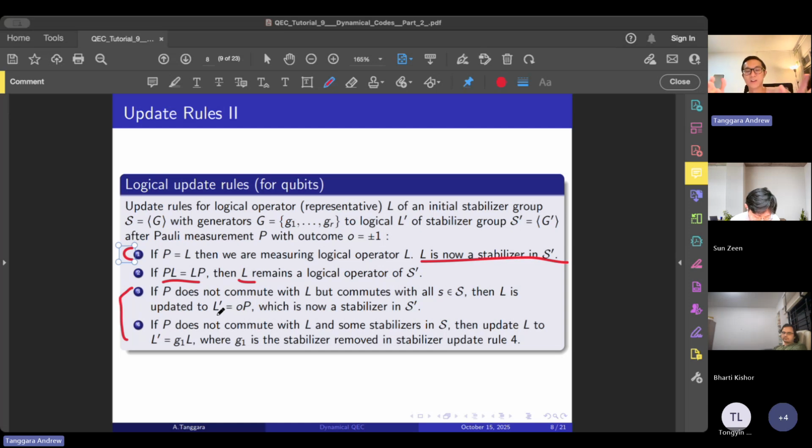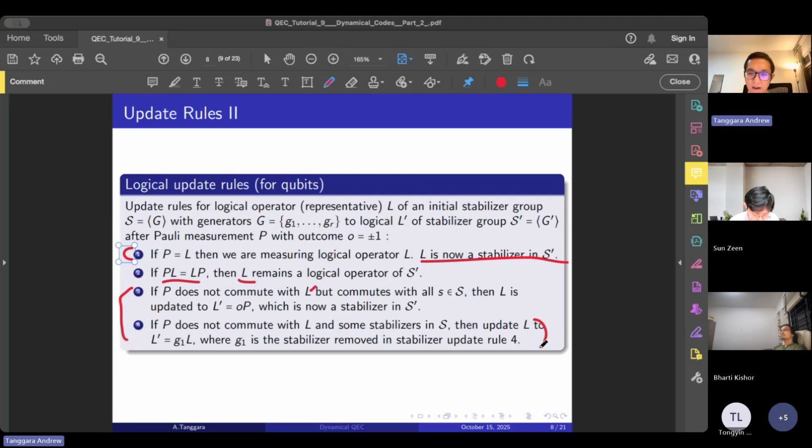That means you do this gauge fixing thing, because you're measuring some logical operator that anti-commutes with this L. So if this L is an X bar, then this L prime that anti-commutes with it is going to be the Z bar corresponding to that same logical qubit as that X bar.